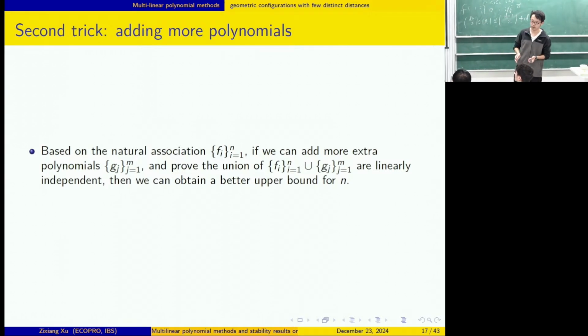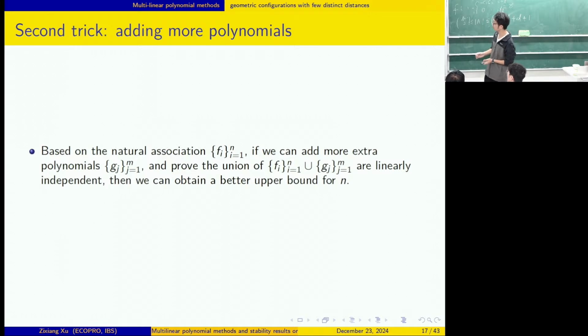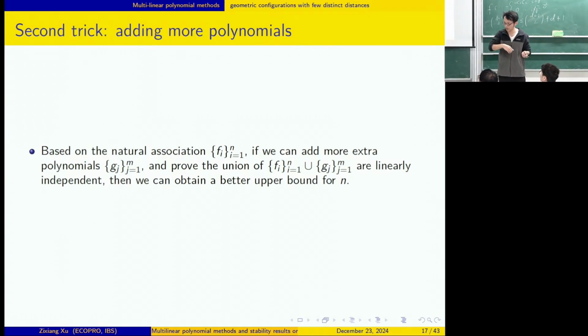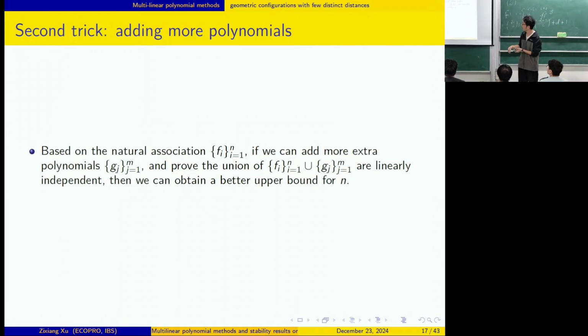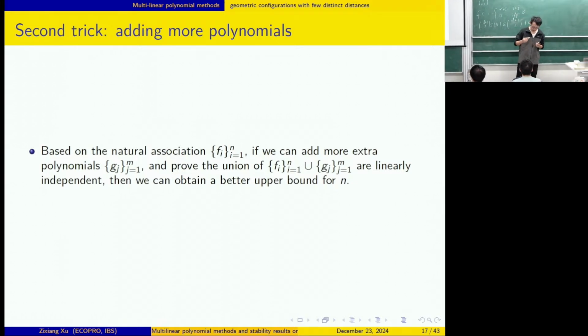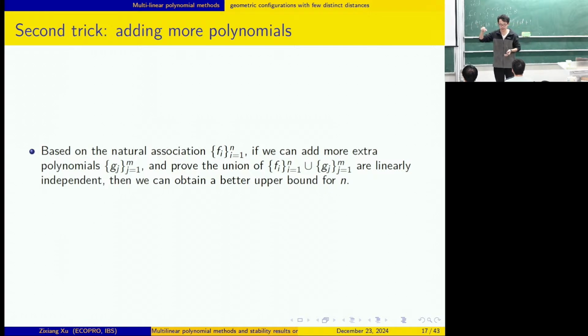Suppose we can prove that the union of the previous polynomials and the new extra polynomials are also linearly independent, but this will not increase the size of the space. Then we can gain some improvement.